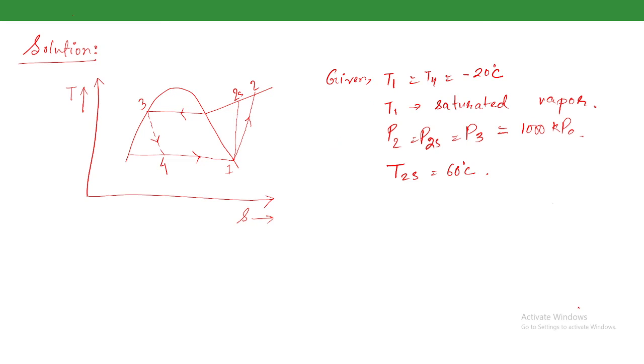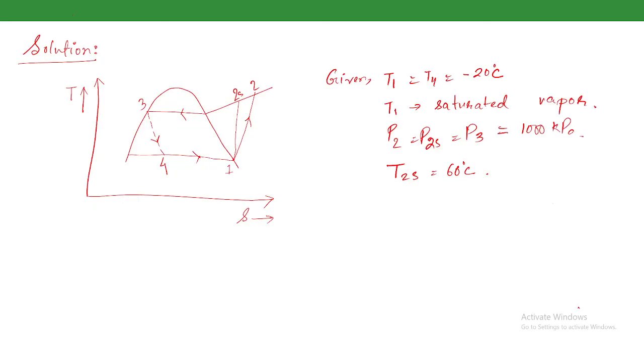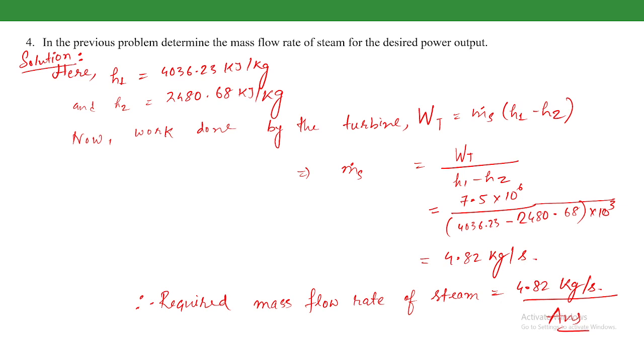Okay, and these are some of the other property data given, corresponding to these pressures and temperatures. What are the enthalpy values and entropy values, and in the superheated region we have to find the specific work input to the actual compressor. Now the actual compressor is not up to 2s.